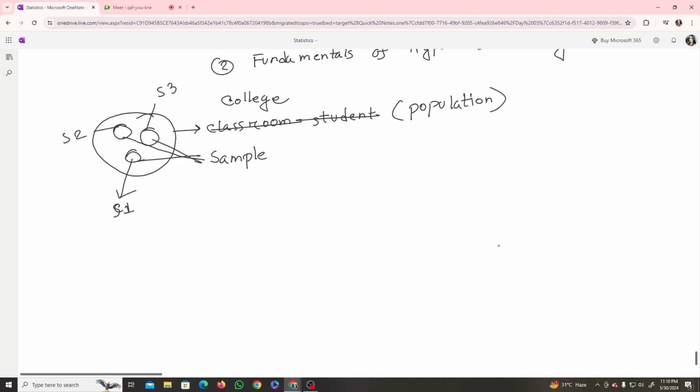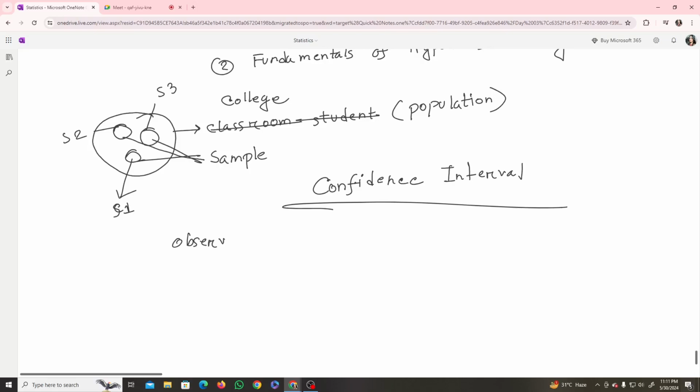By the confidence interval, we will see how accurate the estimate is likely to be.